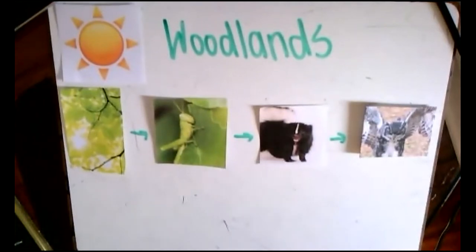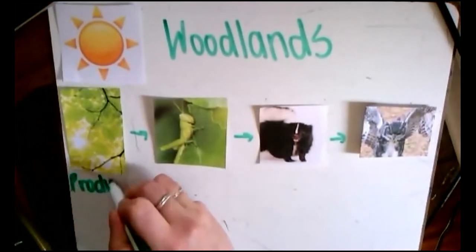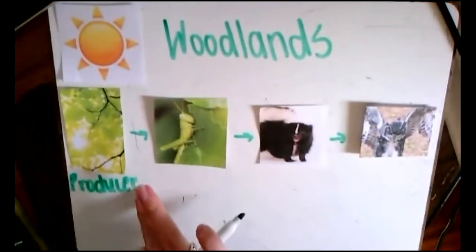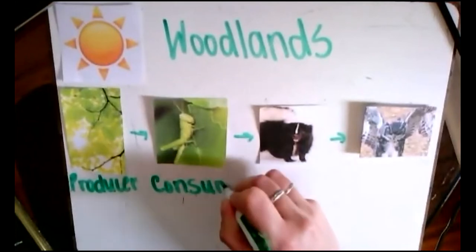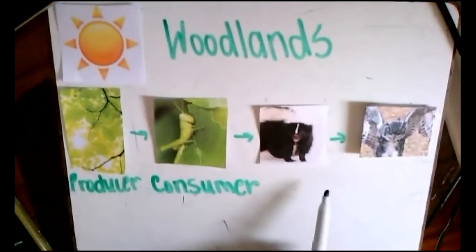So for example, after you create your food chain, you're also going to identify your producers and consumers. I'm just going to list one example to allow you guys to experience that on your own.